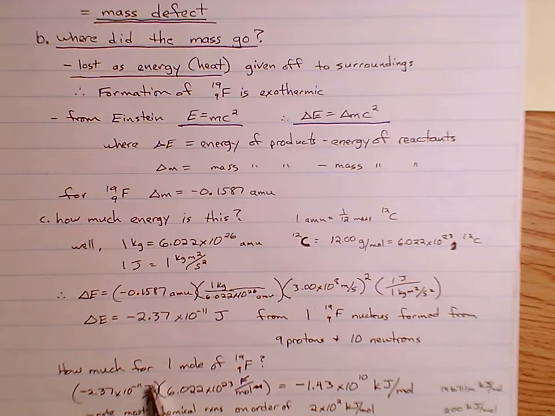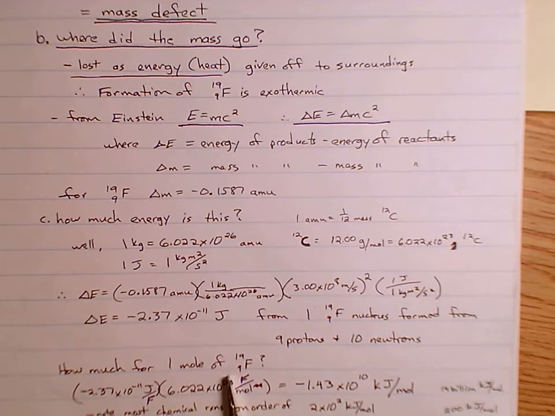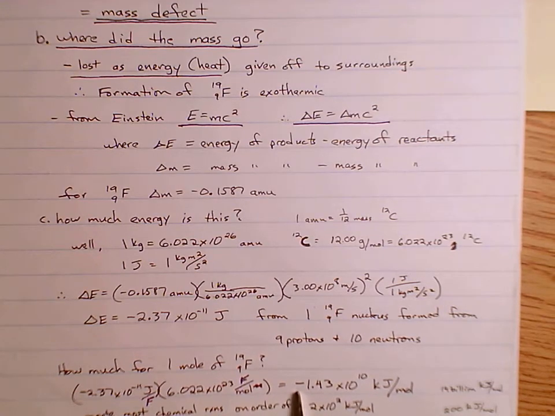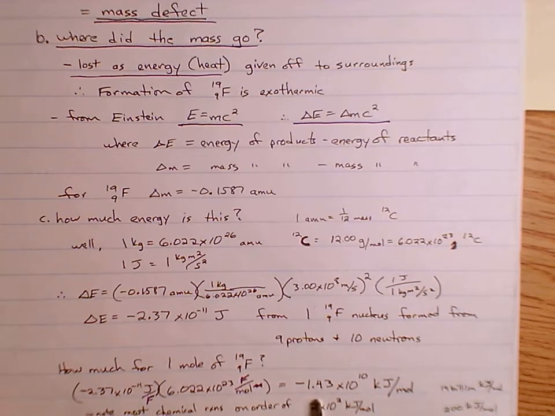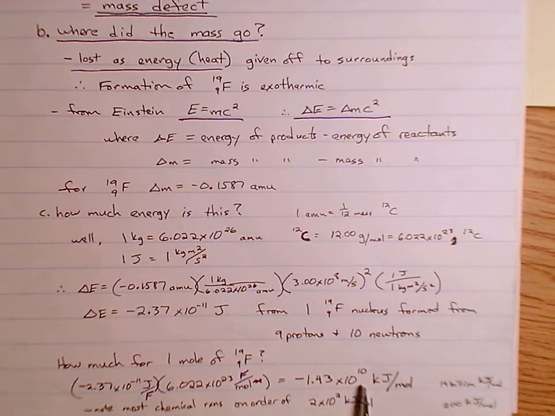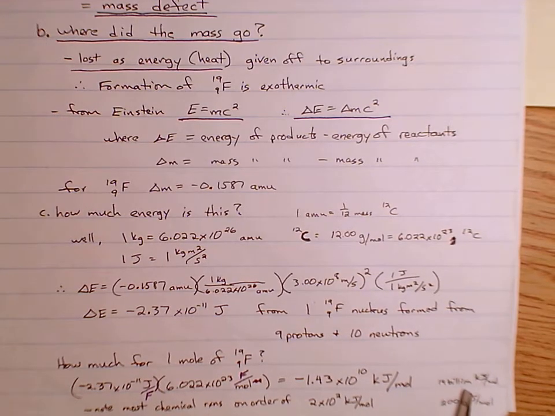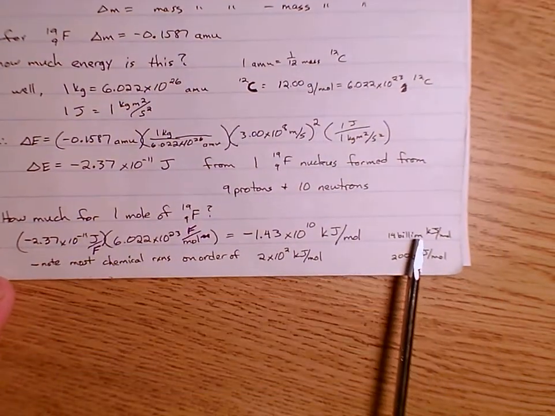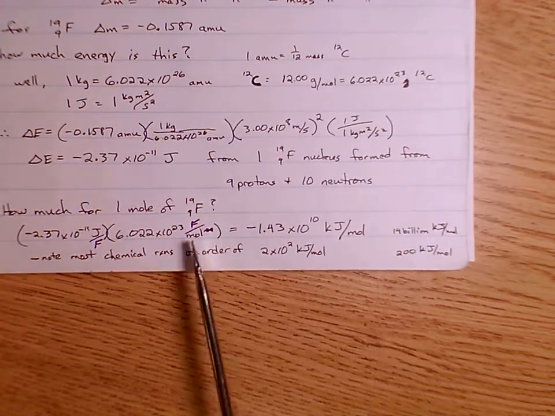All right. So if I made 1 mole of fluorine 19 from its protons and neutrons, it would give off, negative sign means exothermic, 1.43 times 10 to the 10th kilojoules per mole. That's 14 billion kilojoules for every mole of fluorine 19 that gets made.